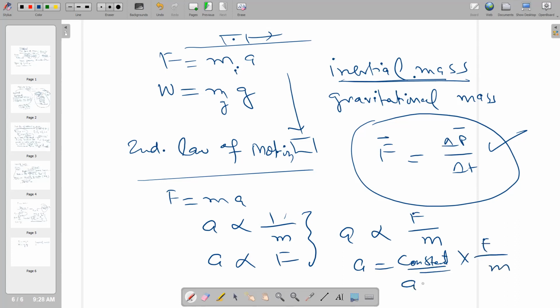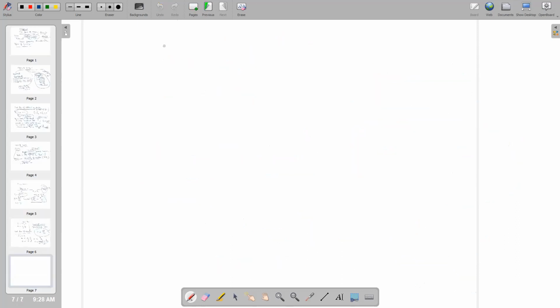The constant here is 1, so a = F/m. So this is called Newton's second law. Here the equation is actually a_net = F_net over m. The net force concept is important, not just the force concept.